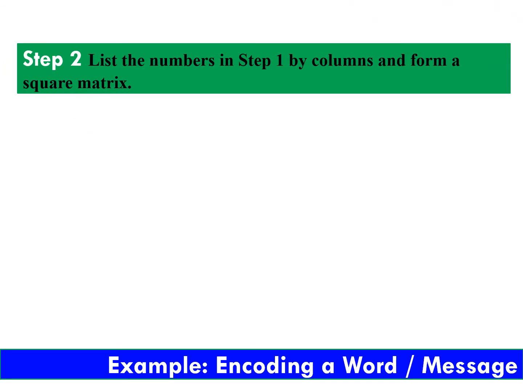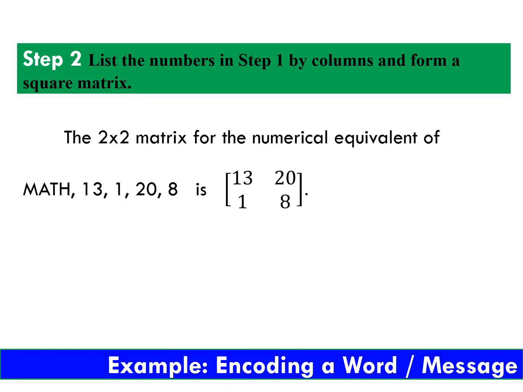Step 2. List the numbers in step 1 by columns and form a square matrix. The 2 by 2 matrix for the numerical equivalent of math is the matrix 13, 1, 20, and 8. This is our message matrix.